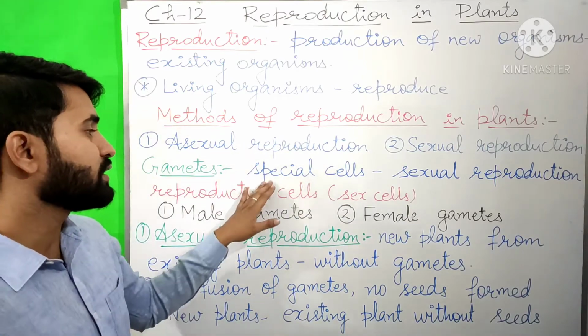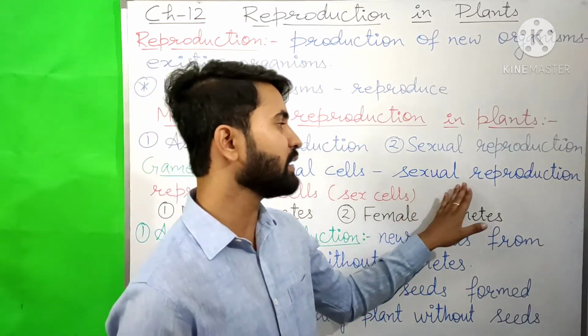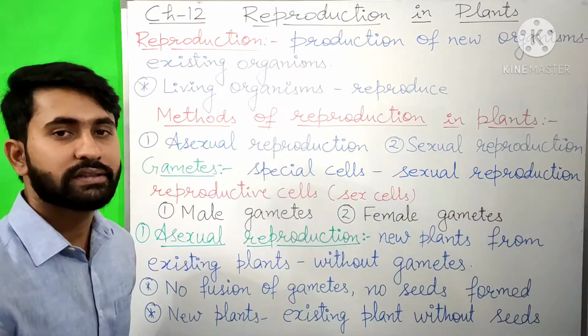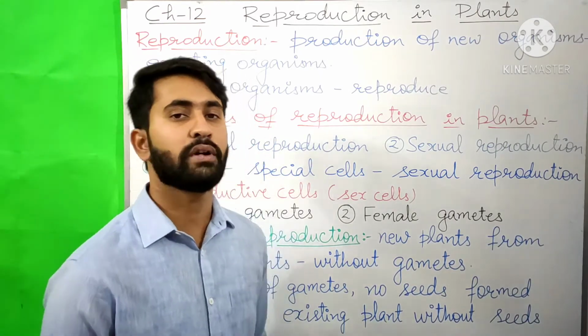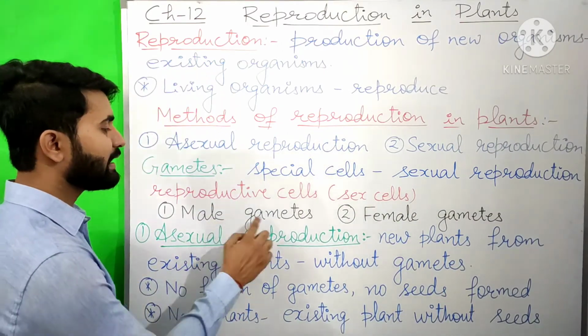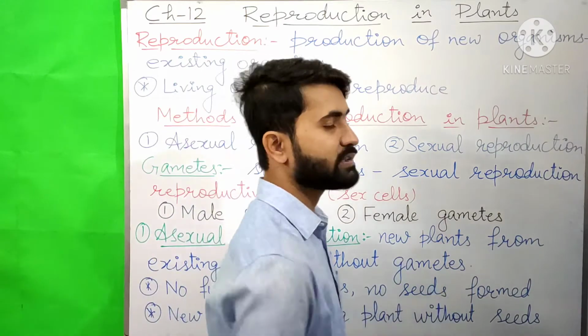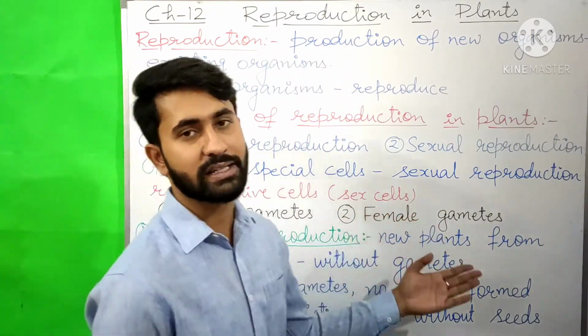Gametes are the special cells which are used in sexual reproduction. They are the reproductive cells, which are also known as sex cells. Gametes are of two types, that is male gametes and female gametes. They are also known as male sex cells and female sex cells.